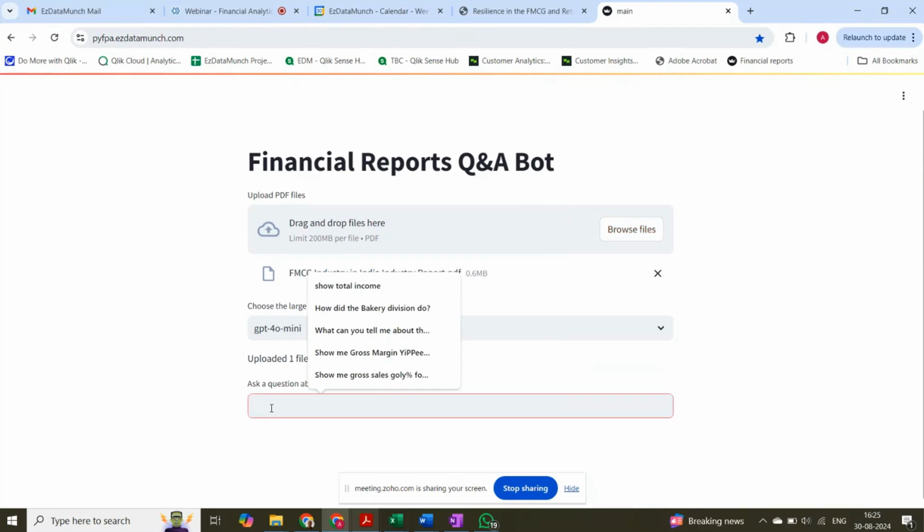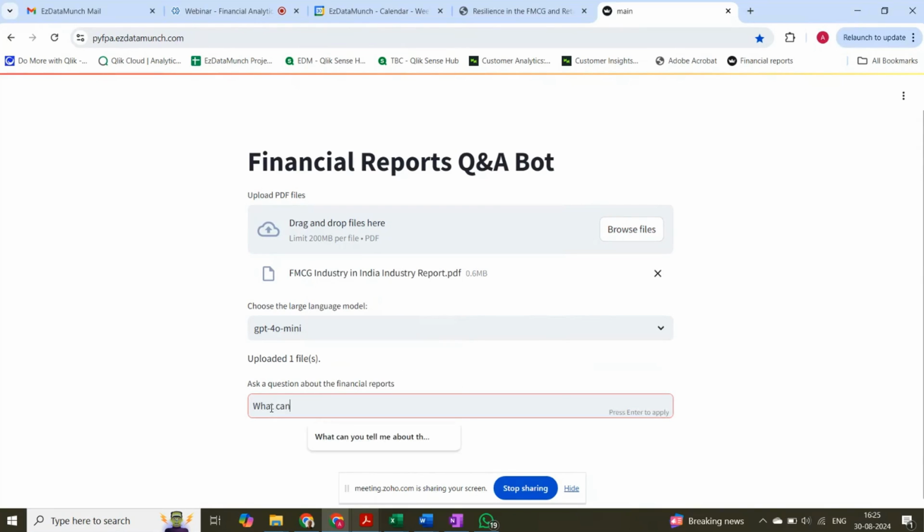So let me ask a common question. I said, what can you tell me from this report with regard to Nestle, Britannia, and ITC? Since it's FMCG, I'm assuming that there is something it can tell me about these companies.